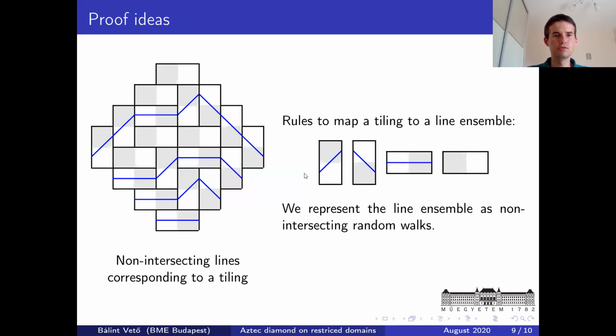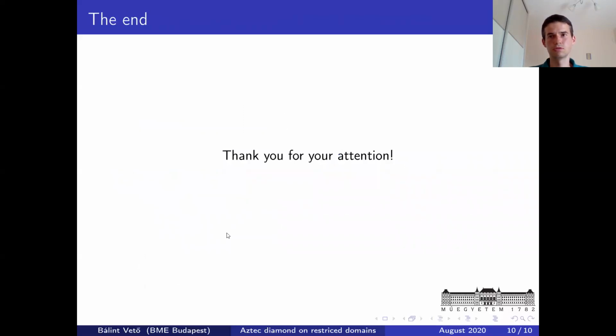But if you follow these rules, you don't only have one line, but also a line ensemble which is non-intersecting, and it corresponds to the tiling. And the way we started our proof was that we gave a random walk representation for a version of this line ensemble. And this was the main idea. And here I want to stop now and thank you for your attention.